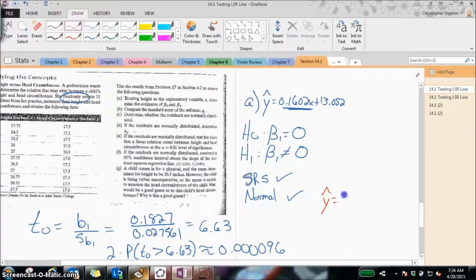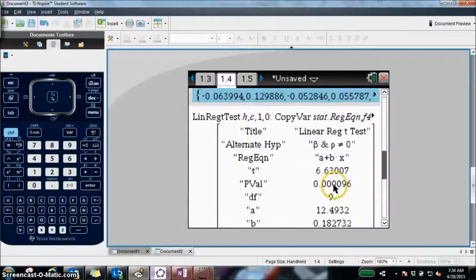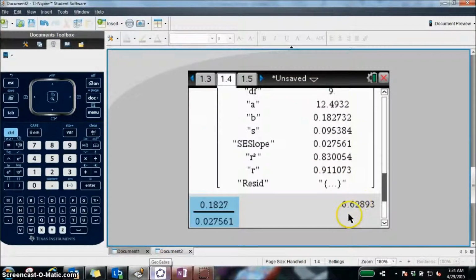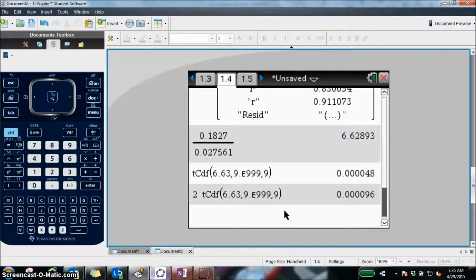Y hat equals 0.1602. Actually, that was the incorrect one. I did type in the data incorrectly. It should be 0.1827, and our A is 12.4932. So you've got to make sure you type in the data correctly, which of course I did not.